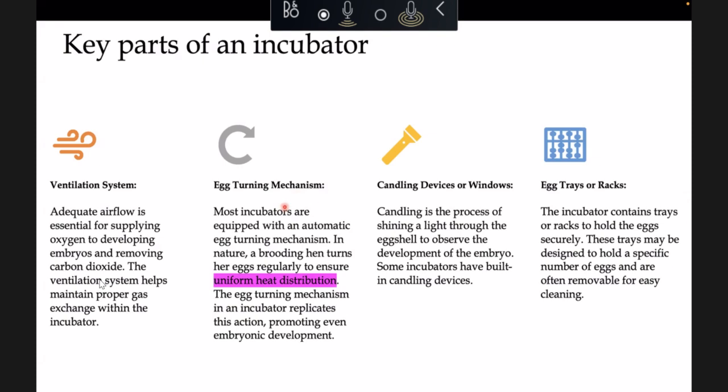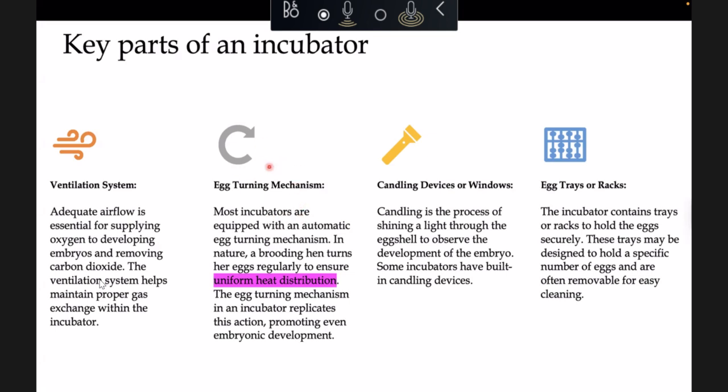And also, if the egg is not turned and stays in the same position, the yolk, or the developing embryo, sticks to the inner shell membrane of the egg, and then the embryo cannot develop properly and eventually it dies. That is why turning is really important.